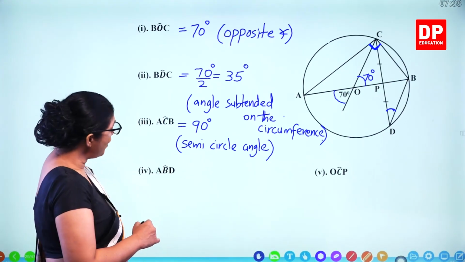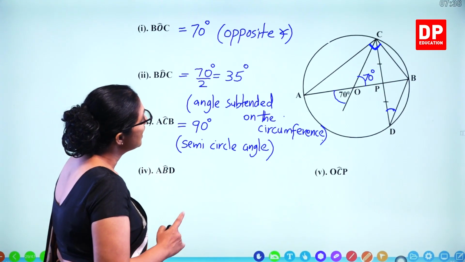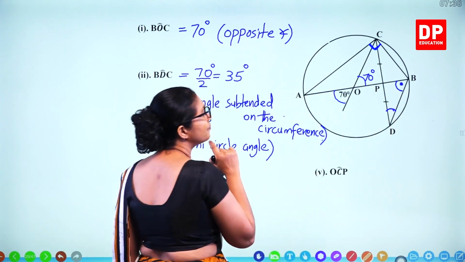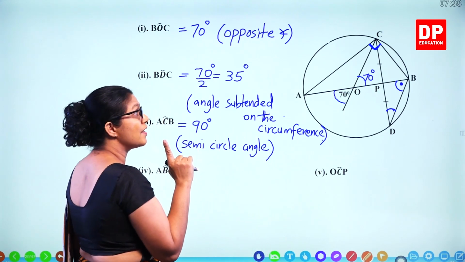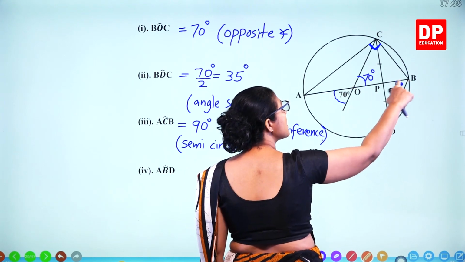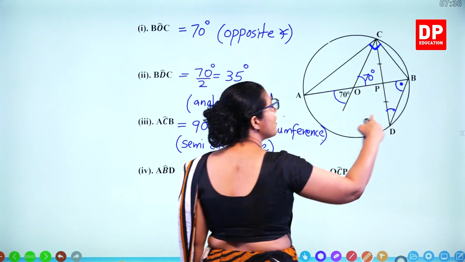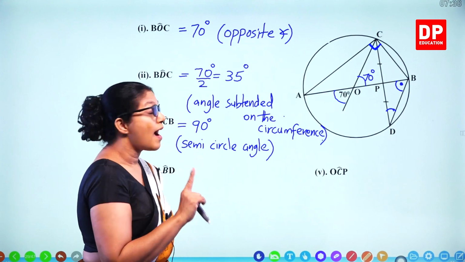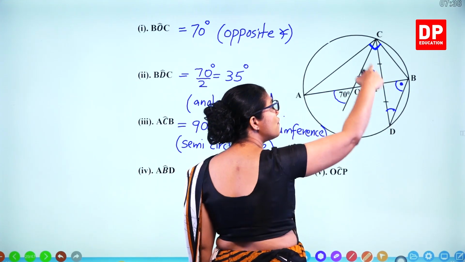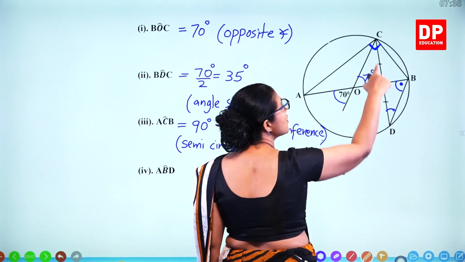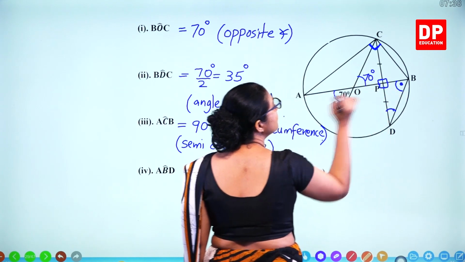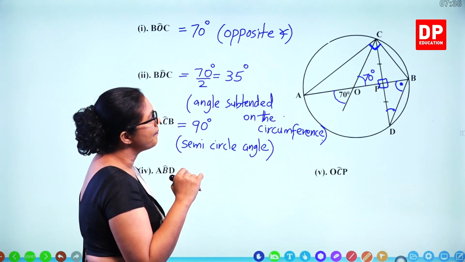Let's do part 4 now. ABD. This angle you need to find out now. So that's easy. What do you know about this line and this one? The line connecting the center and the midpoint of the chord, because these two lengths are equal, is perpendicular. That's 90 degrees.